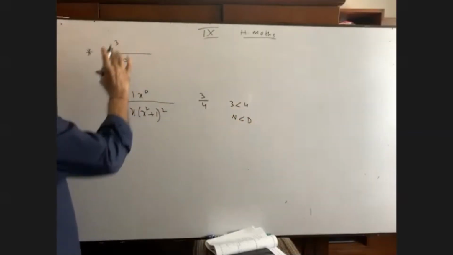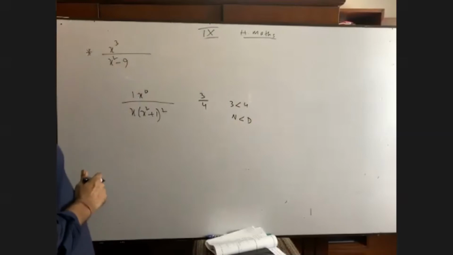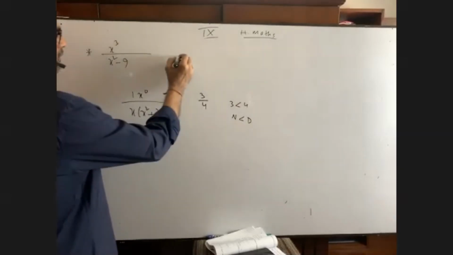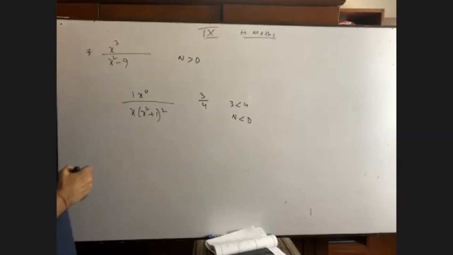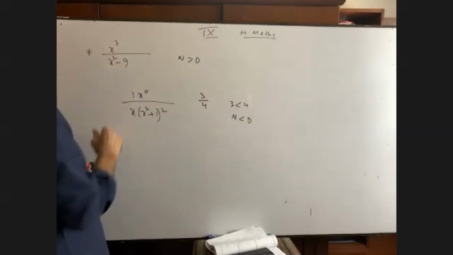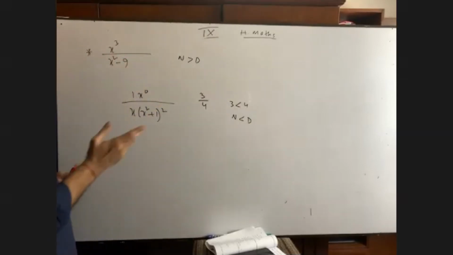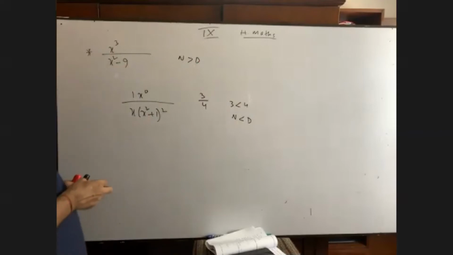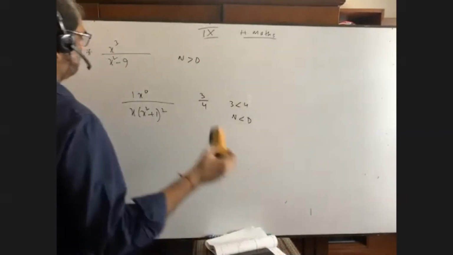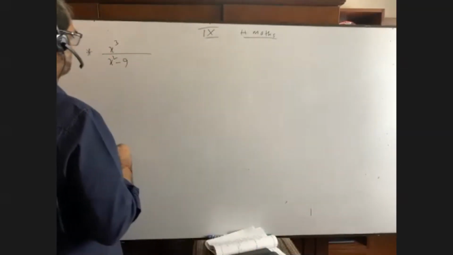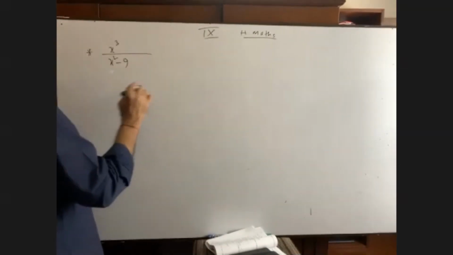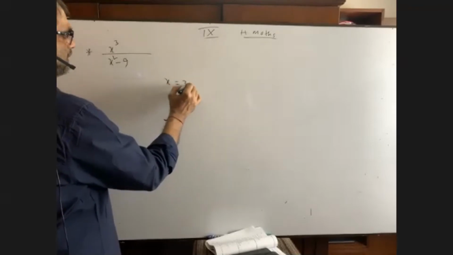Now in this math, you see the numerator is greater than the denominator. Okay, have you got it? It depends on power. You put any value. Suppose x equals 1, or x equals 3.